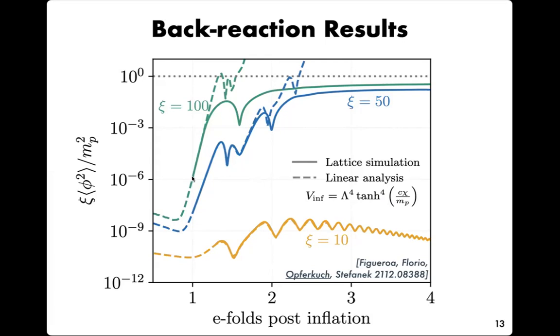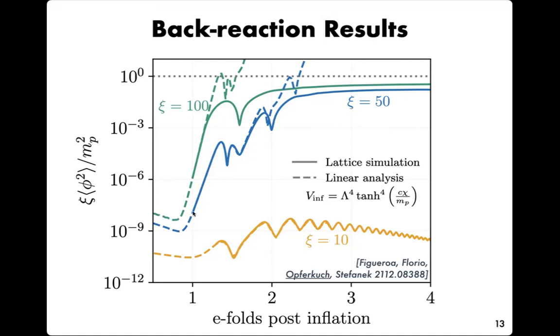So you see that the lattice simulation starts at an E-fold, and for large values of C you get this tachyonic growth, and of course, because I've decoupled the two sectors, it just continues. There's no back reaction, there's no knowledge about the total energy in the inflationary sector.